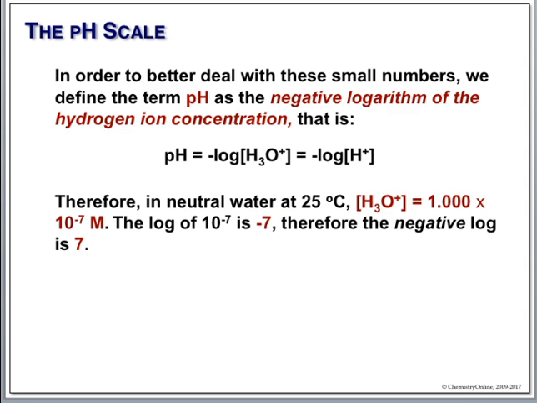Take the exponent and change the sign. This is where pH 7 comes from. Whenever you see something that says it's pH 7, that's telling you it is 10 to the minus 7 molar hydronium. It also has 10 to the minus 7 hydroxide, because they have to be equal.